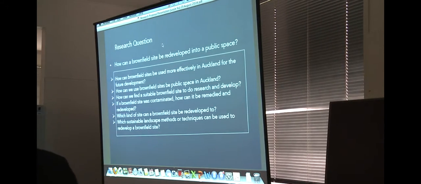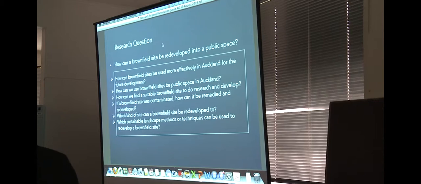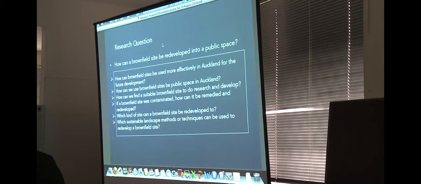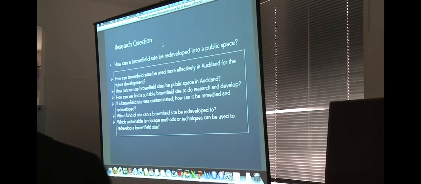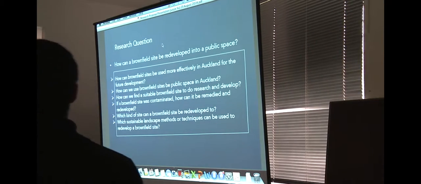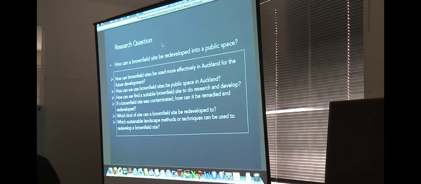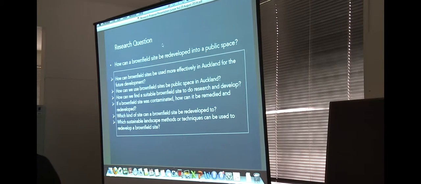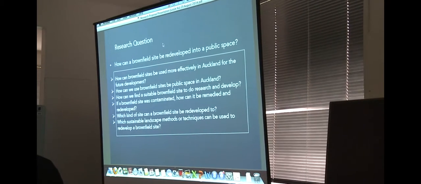First, the research question: how can a brownfield site be redeveloped into a public space? Why did I choose public space as my research direction? Because in order to support the government's development and build a compact city, there will be high density, with a lot of apartments and businesses in the city area or town center.